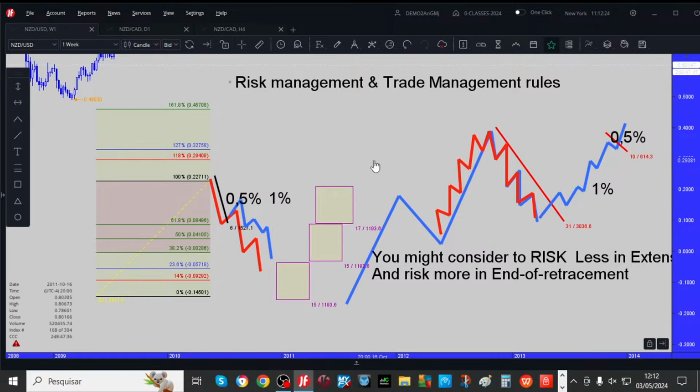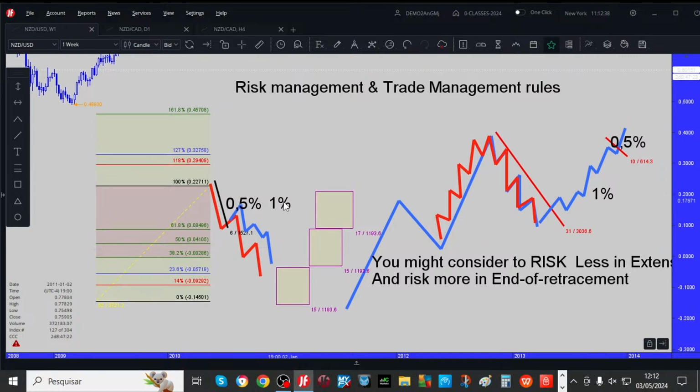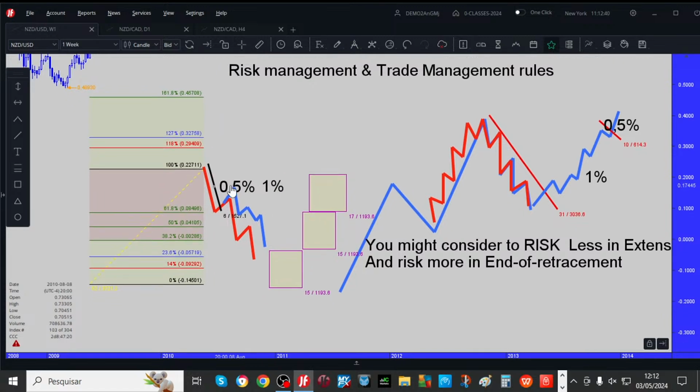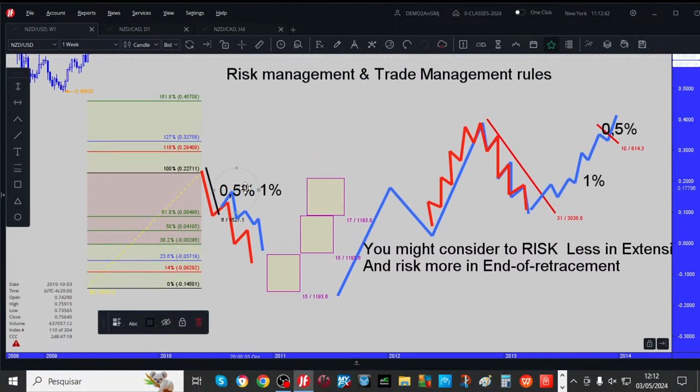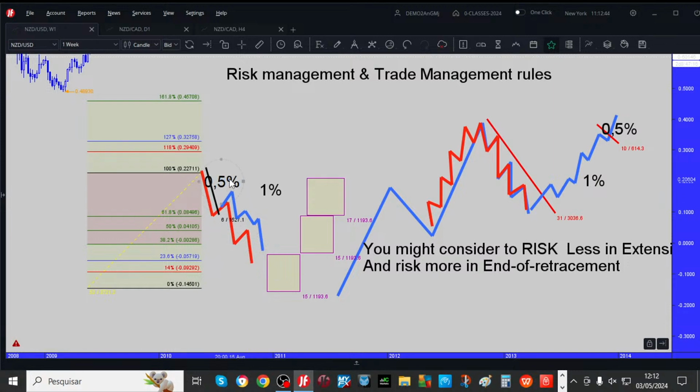Sam says ABC, thank you very much. Everybody, can we understand this? Somebody's asking on the other streaming platform, not YouTube, can I risk the same risk down in here? So can I risk 0.5% up in here or 0.5% down in here?